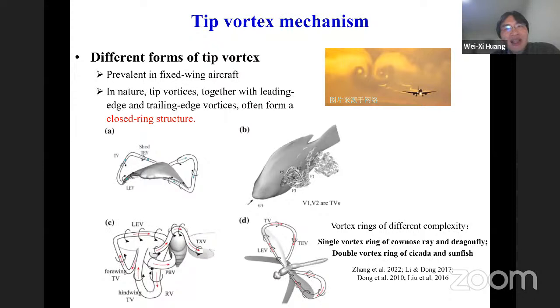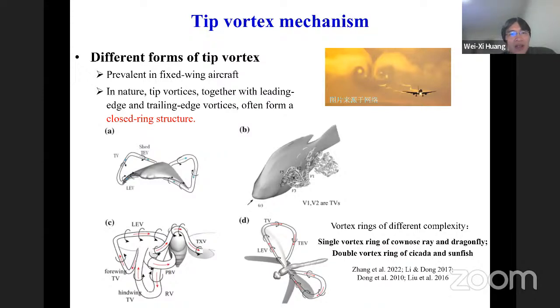Another one is the tip vortex. It's prevalent in fixed-wing aircraft, but recently it was found in natural flying and swimming animals. The tip vortex is also beneficial for lift and thrust generation.